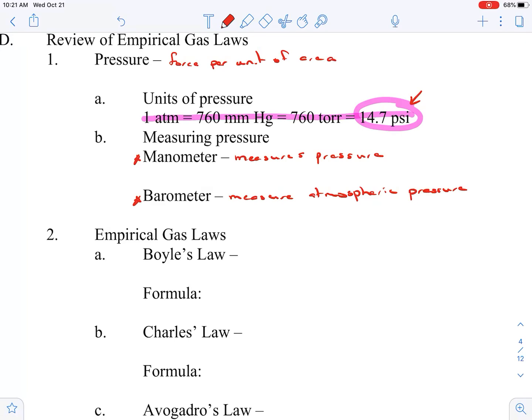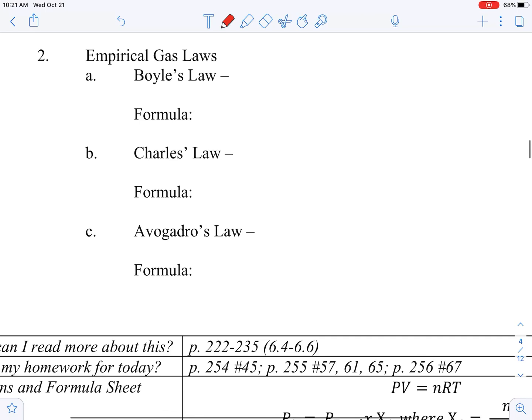Jumping down to our empirical gas laws. These can actually all be derived from the ideal gas law, which we'll see tomorrow. But for right now, it's good to review these empirical ones, these simple ones. Boyle's law talks about our relationship between pressure and volume. In very simple terms, it says that as pressure goes up, volume goes down and vice versa.